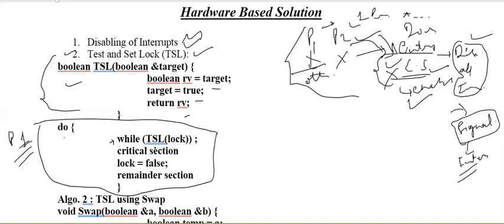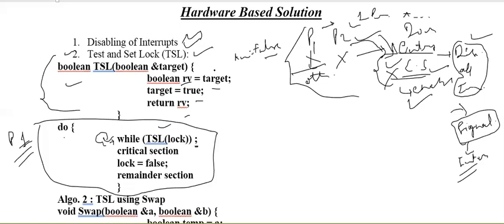If this value returns true, then I am going to loop here; otherwise, I am going to move down, because there is a semicolon here. When we call TSL, it moves to its definition. TSL says RV is equal to target, and at the initial level target is false.